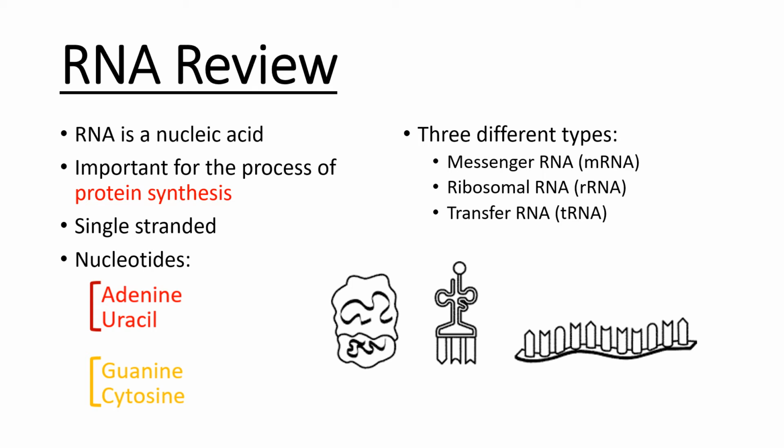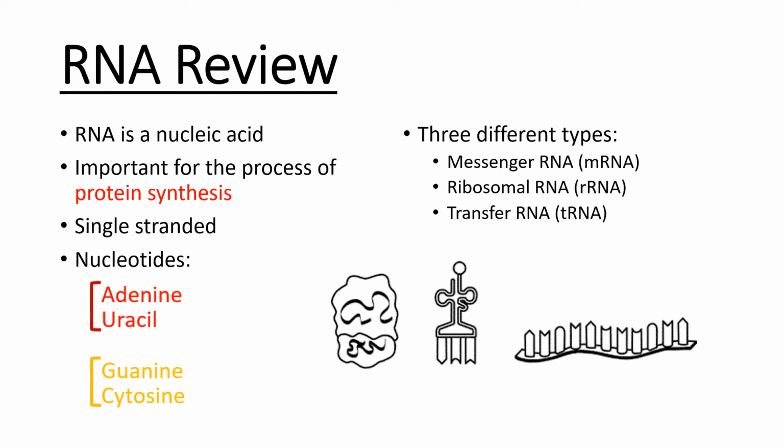We're going to have three different types of RNA that all have a really important role in protein synthesis. The very first is messenger RNA, or mRNA. This is really important because it takes the directions from DNA and exits into the cytoplasm.